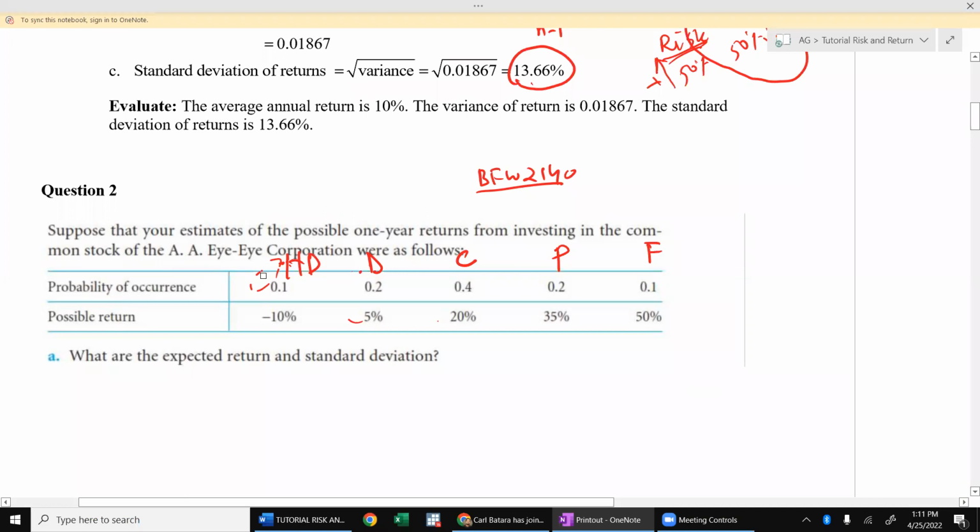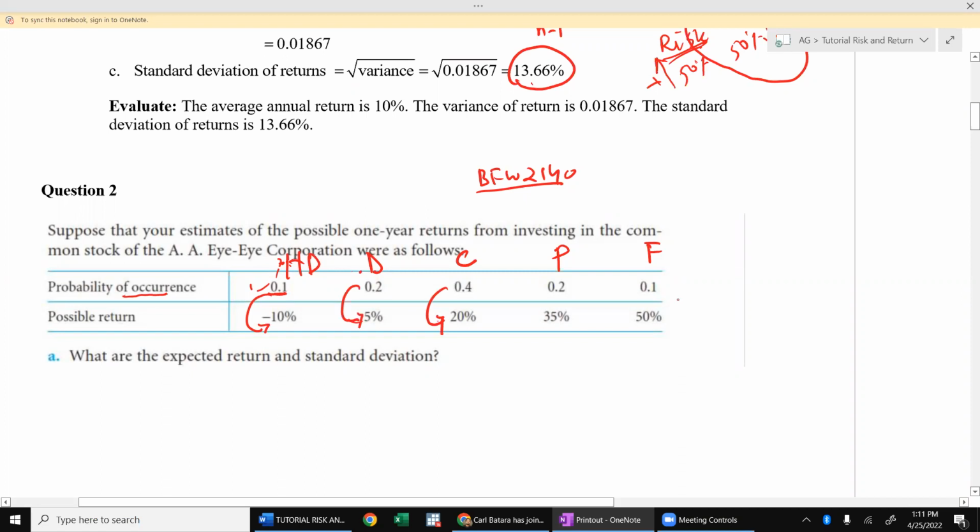So let's say the question says that the company is expecting the following outcomes: the probability of occurrence means there are 10% chances that the company will make a loss, 20% chances it will get 5% profit, 40% chances that we will get 20%, and so on.